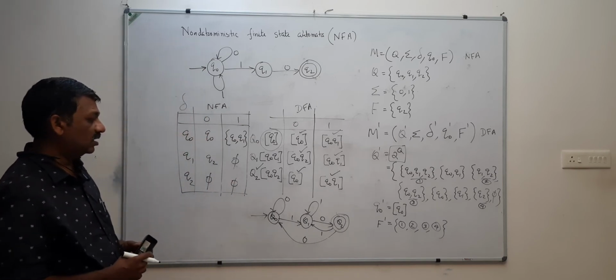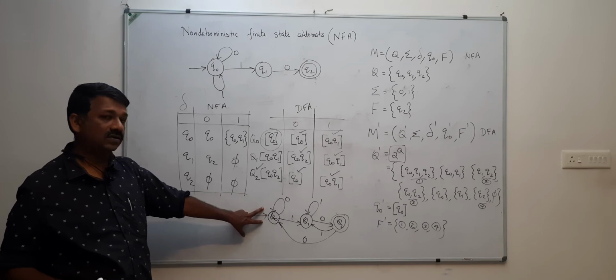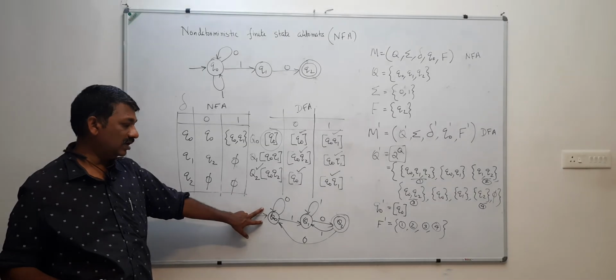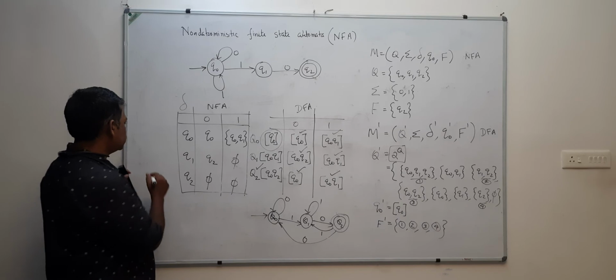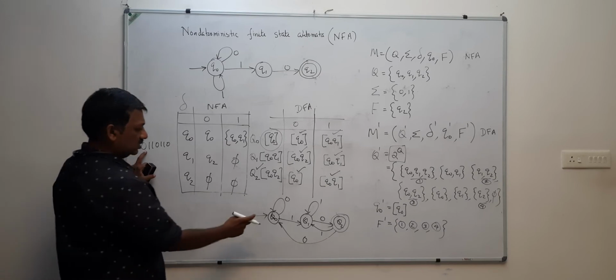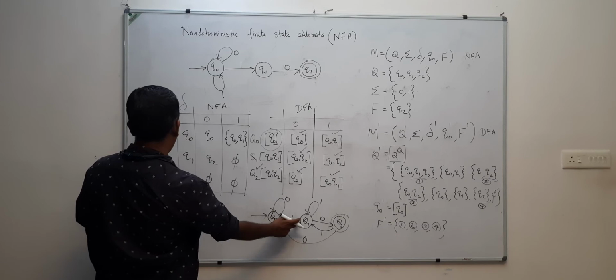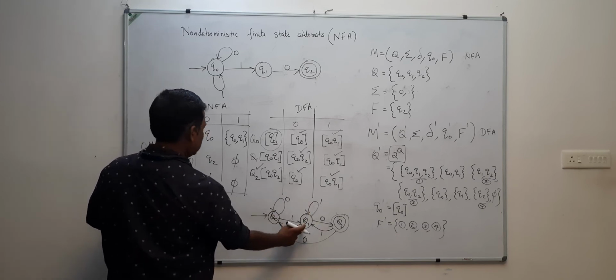That means definitely this will accept all strings ending with 1 0. For example, suppose I verify whether this accepts 0 1 1 0 1 1 0. For the next 1, it stays in the same state.